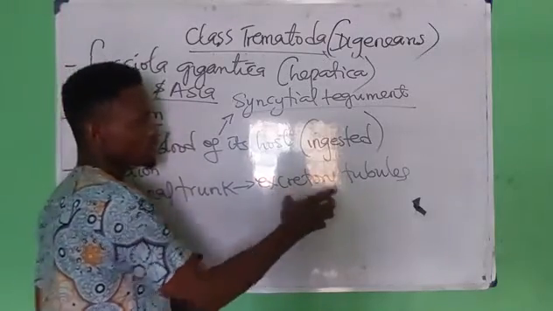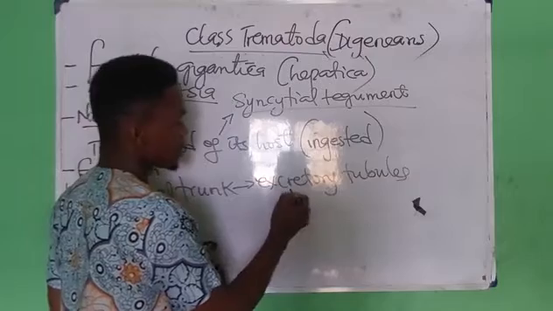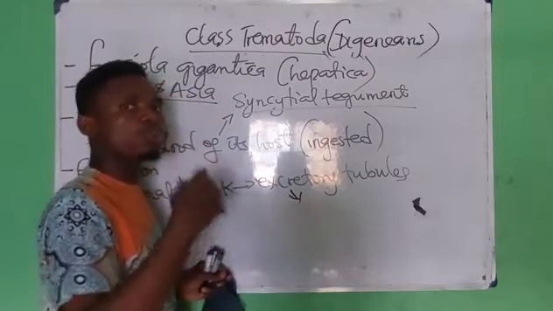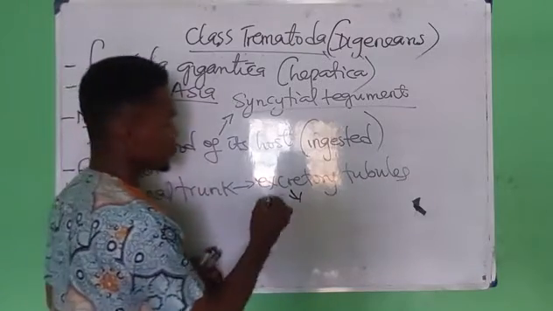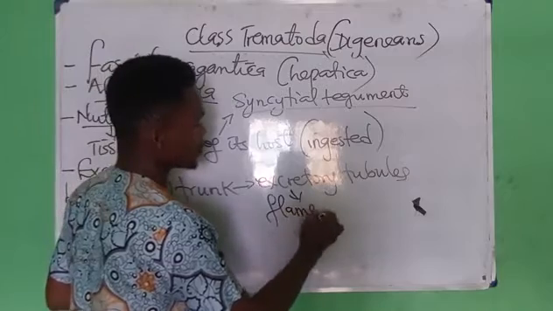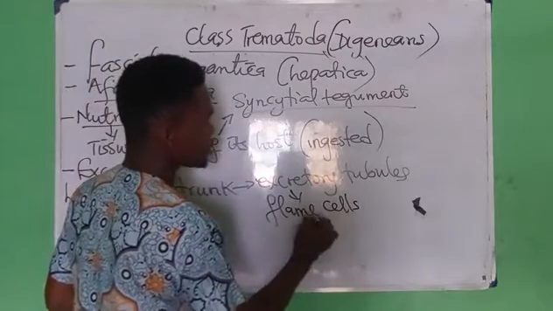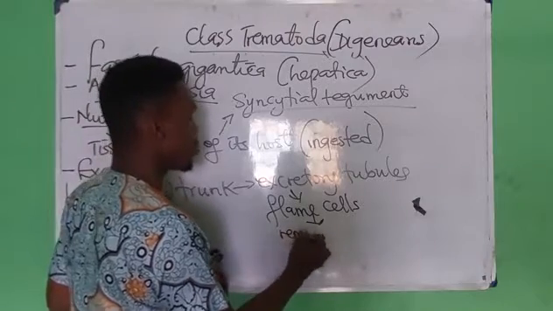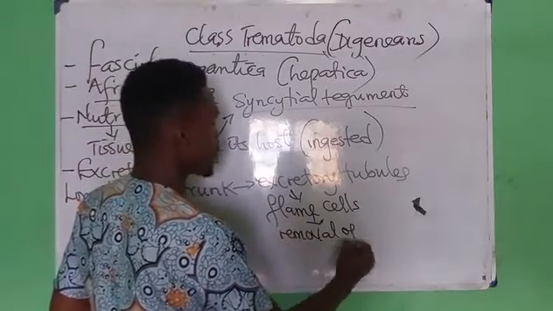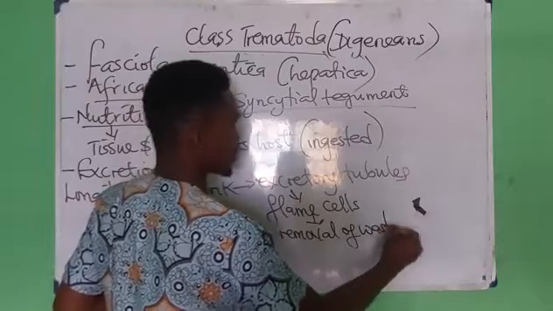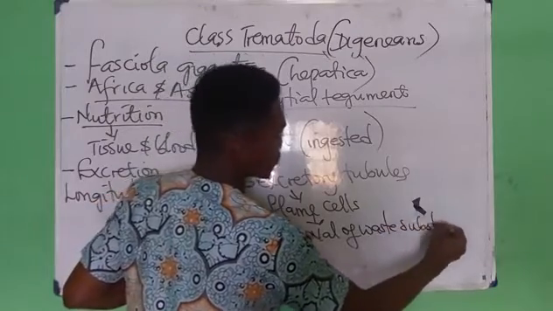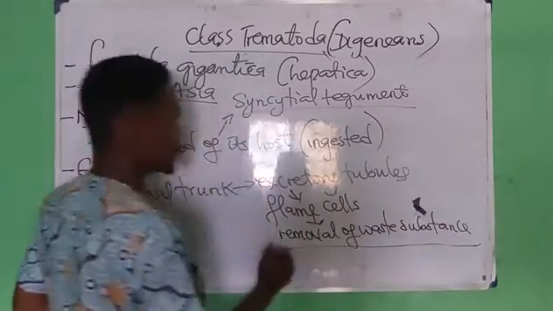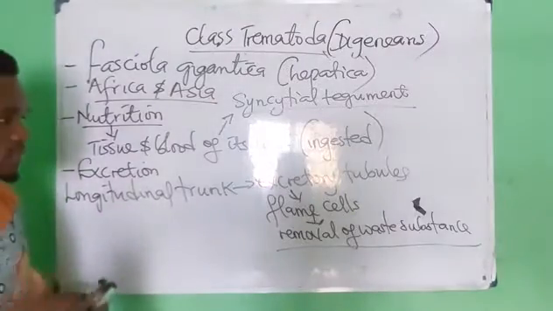Now, these excretory tubules have 2 or 3 flame cells. Now, it is this flame cell that carries out removal of waste substances. It acts as what? The major excretory organ. So please take note.